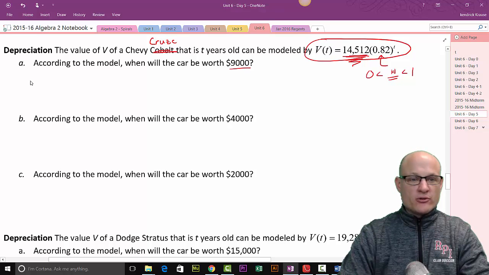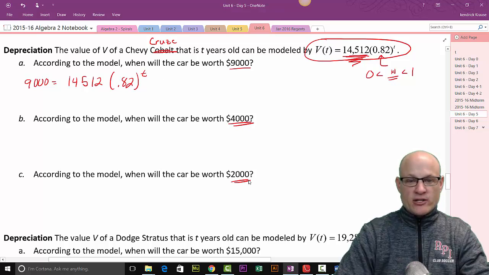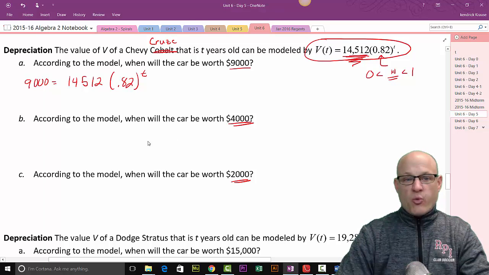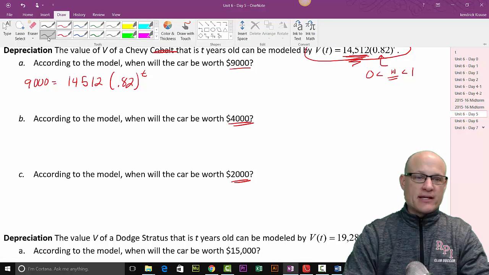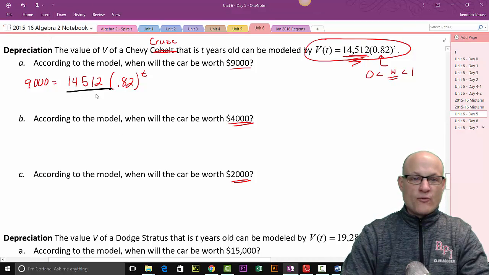Well, what we're going to do is say 9,000 equals 14,512 times 0.82 to the t. Now, notice I'm going to ask the same question each time. So once I do this math, I don't have to go through and do that same math again. I just have to change numbers. First part of the math is isolate the weird thing. Get the weird thing alone. So we're going to divide by $14,512.